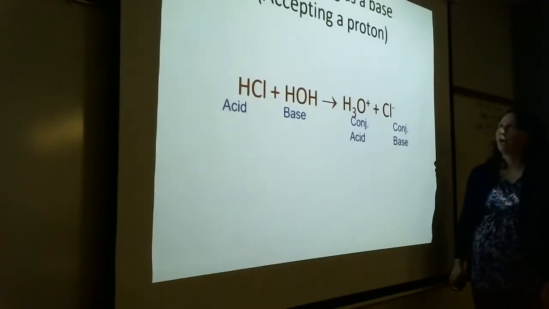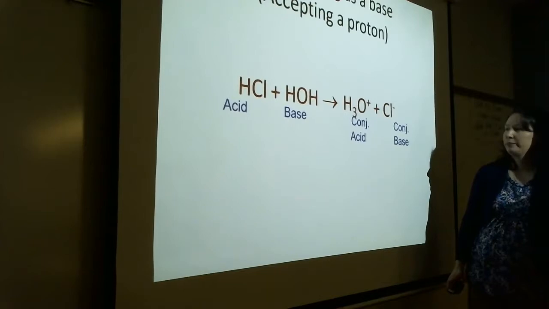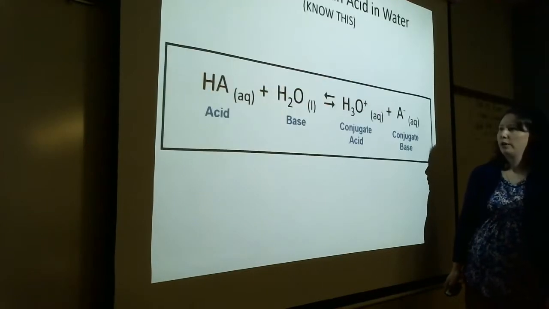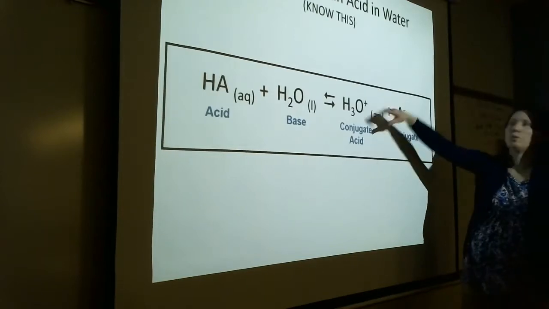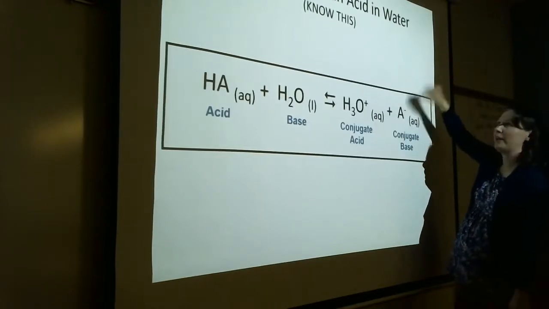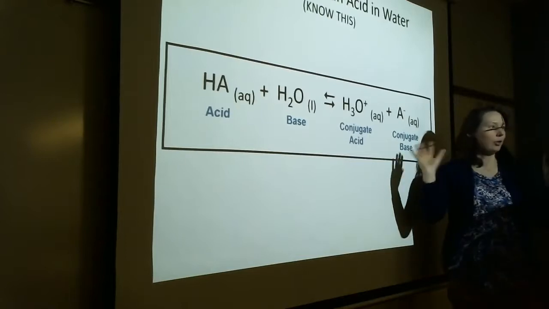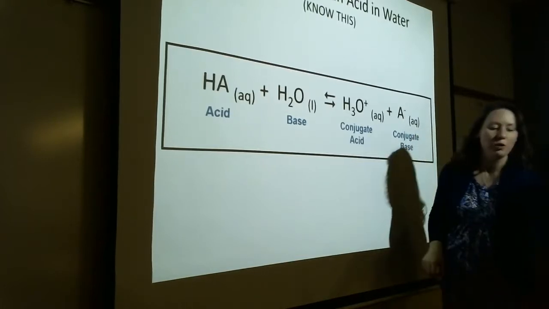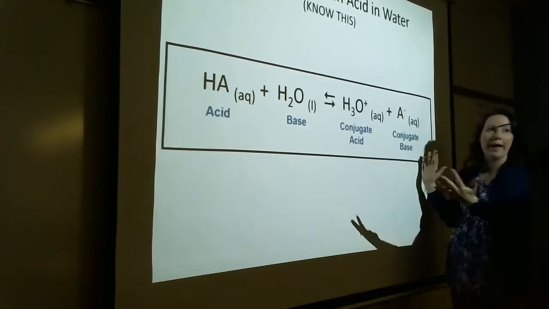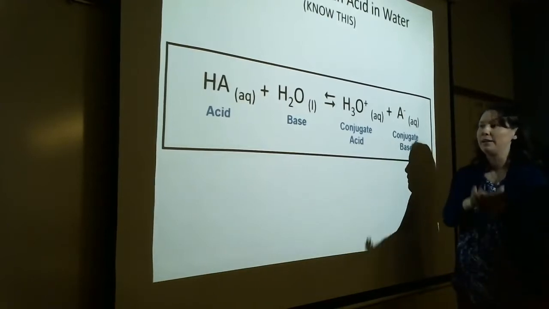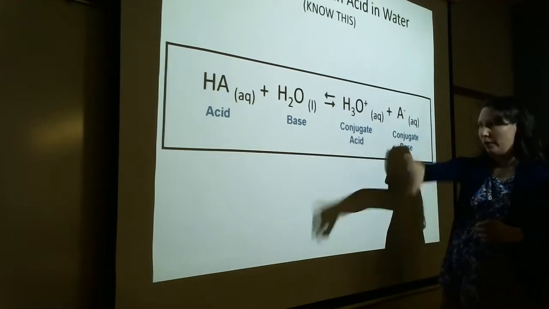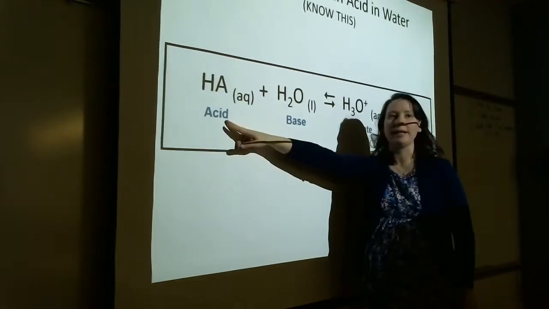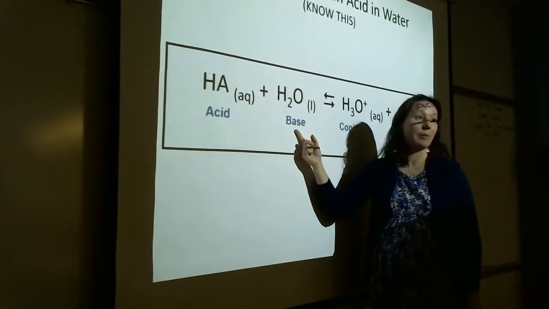So there's an example of water acting as a base, and there's a picture of water acting as an acid. Now here is something you need to put in your notes with stars and exclamation marks and highlighter. You must know the general reaction for what happens when an acid reacts with water. When I take my acid and dump it into water, water is going to act as the base.